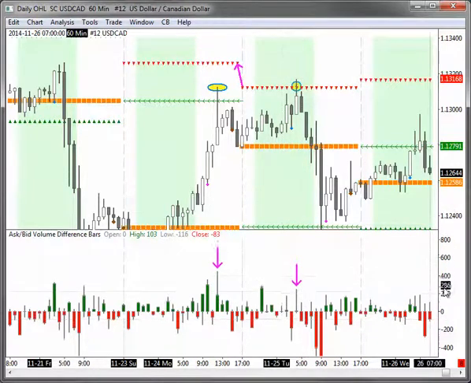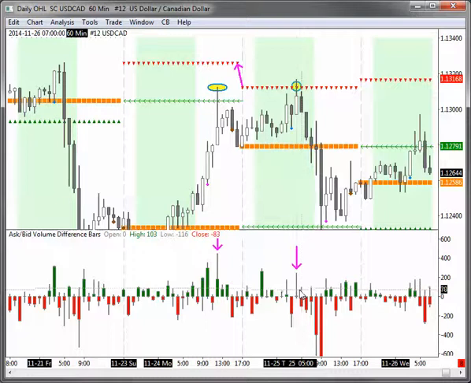Now the sellers didn't step in strong enough to make the bar red, but it showed that when price got up there, they were active and strong enough to push it back down near to zero, leaving a bearish bar on the ask bid volume difference bar. And that can be relevant because it's also aligned with the previous day's high.